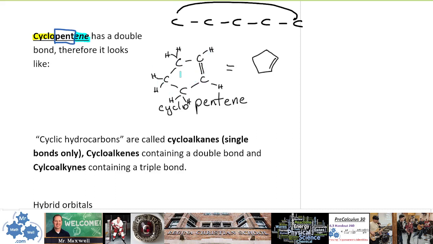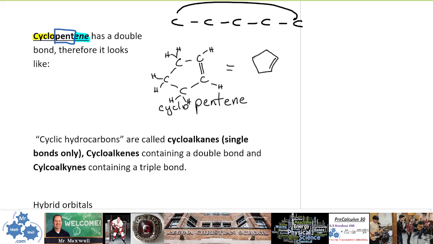Now, I mentioned the condensed structural formula, or just a bare structure. You won't always have to draw all the hydrogens, and pretty quickly you can see that drawing the hydrogens is going to be quite onerous. It's going to be quite a big deal. So you will see this in the textbook, and I'll be drawing it like this as well.